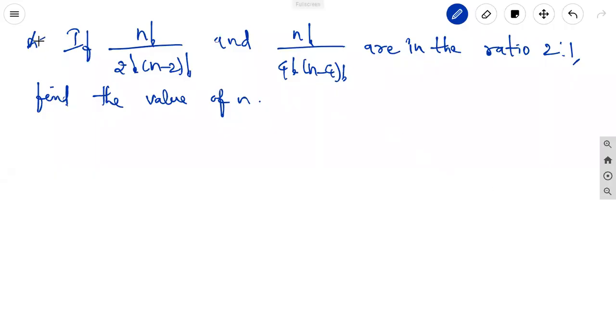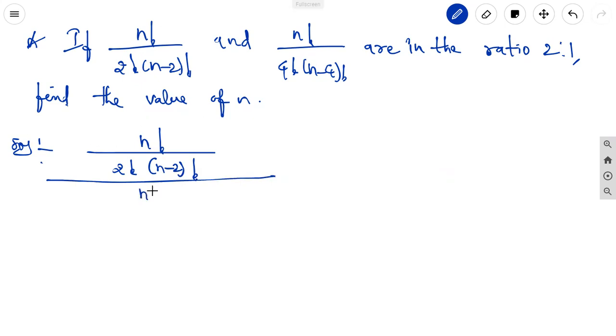Next problem: if n factorial by 2 factorial into n minus 2 factorial and n factorial by 4 factorial into n minus 4 factorial are in the ratio 2:1, find the value of n. That is nothing but, first we can write the first term n factorial by 2 factorial into n minus 2 factorial, by n factorial by 4 factorial into n minus 4 factorial, equal to 2:1.